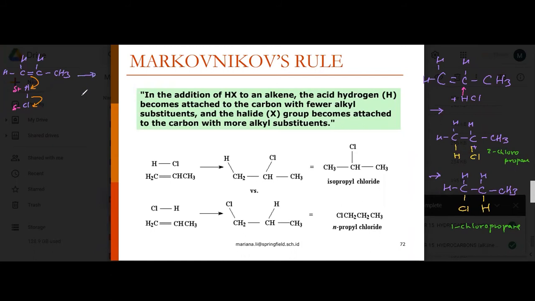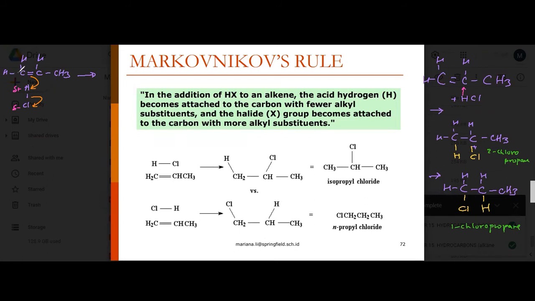What's the product of this intermediate? Let's say I would like to form the 2-chloropropane first. You can see from the Markovnikov rule that hydrogen from HX will attach to the carbon with fewer alkyl substituents. Which C has fewer alkyl substituents?